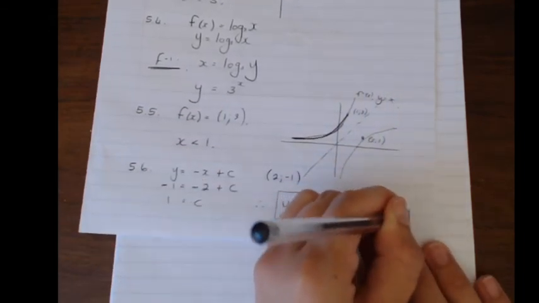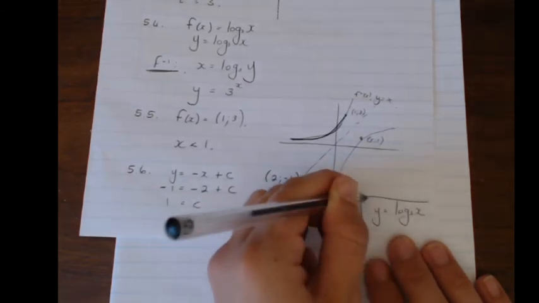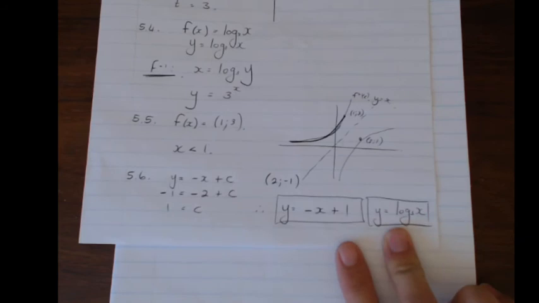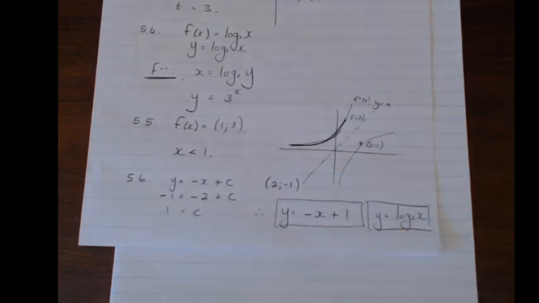Okay, so I want the point of intersection between this graph and the graph of f, which is log 3x. So I basically want to do simultaneous equations between these. And I'm guessing the point (1,0) will work.